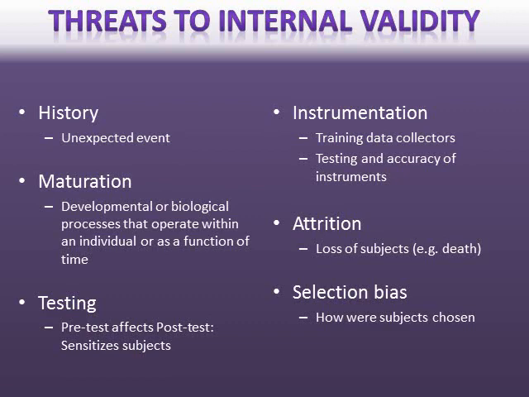What can happen is, if there's a difference between an experimental and control group, or that it just doesn't reliably measure the phenomenon that you're looking at, you could actually have a weakening of the effect that you're trying to observe, and it could undermine the relationship between the independent and dependent variable.